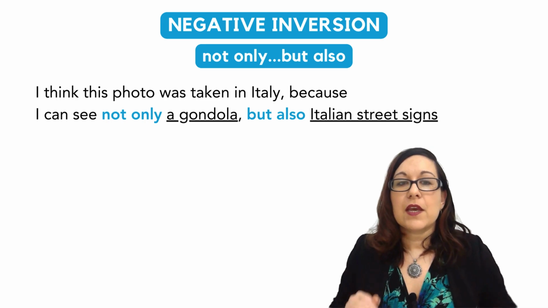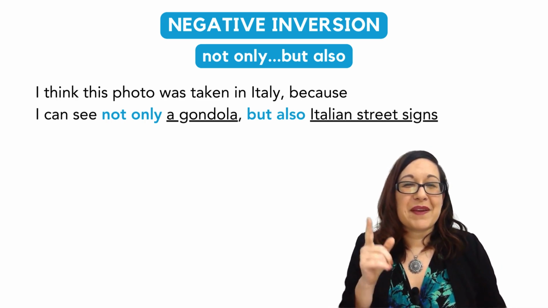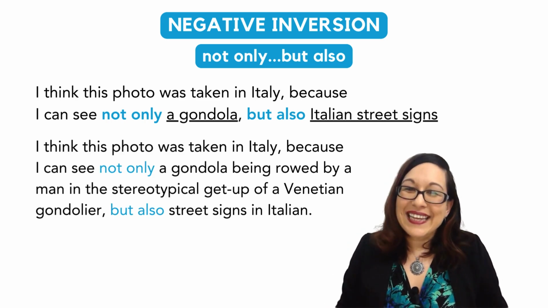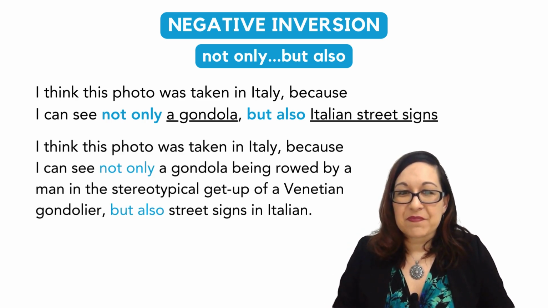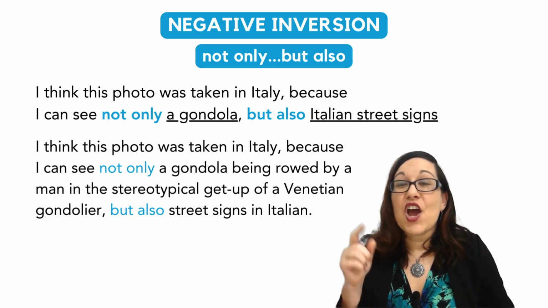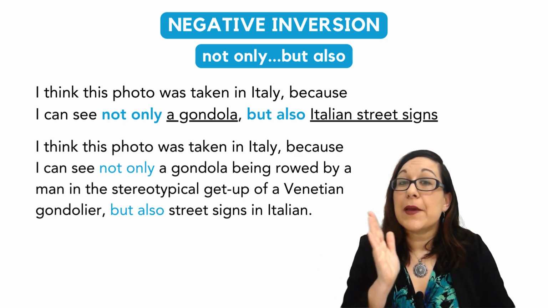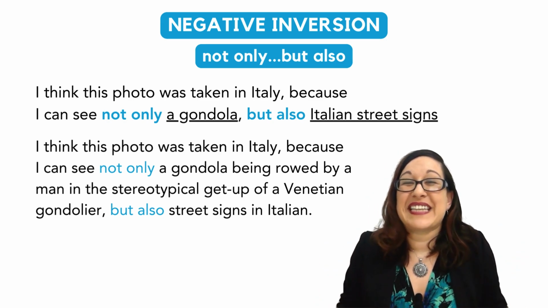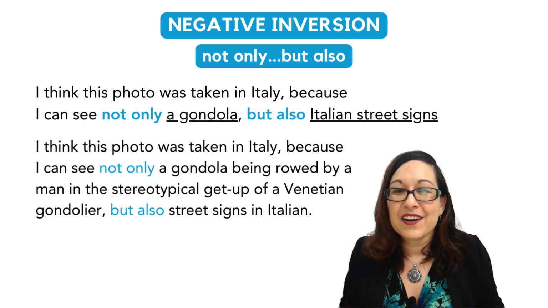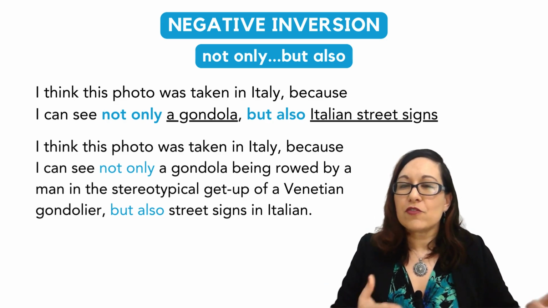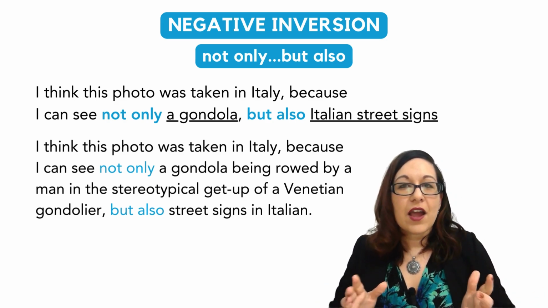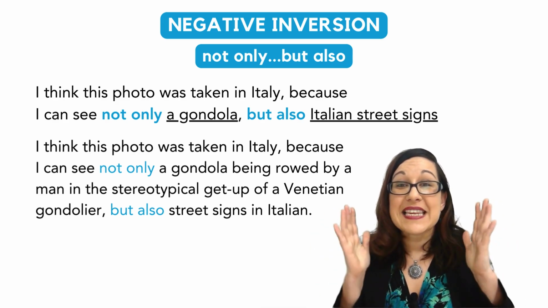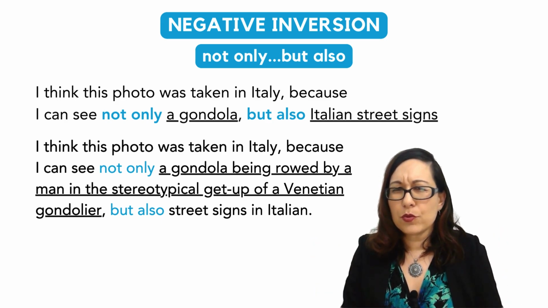Fantastic. Could we make it more difficult? Of course. I think this photo was taken in Italy because I can see not only a gondola being rowed by a man in the stereotypical get-up of a Venetian gondolier, but also street signs in Italian. If you look at that, it's actually all one big noun clause. Ooh, very nice.